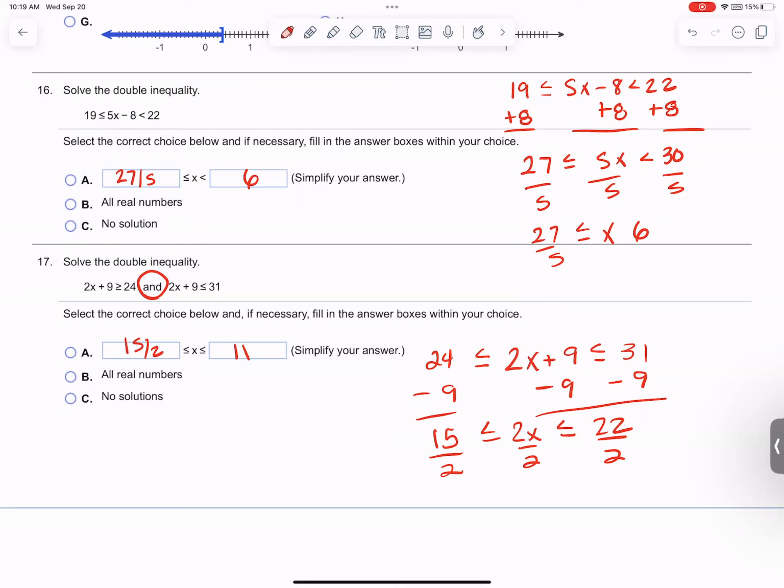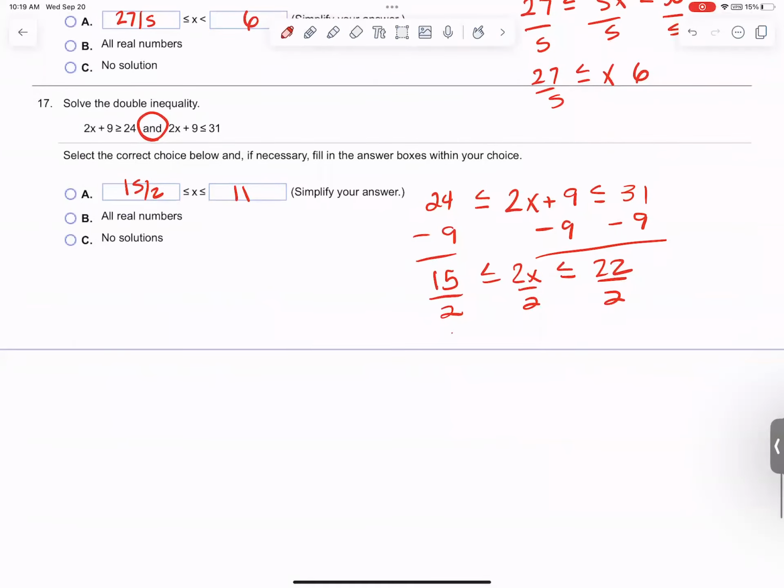To talk about double inequalities, this is a mistake I see people make when they're way too far along in their mathematical career to make this. That number there, the 15 halves, has to be less than 11. No matter what's in between. The way this inequality works, it says that x is bigger than 15 halves and it's less than 11.